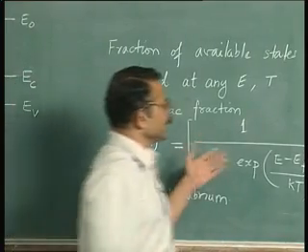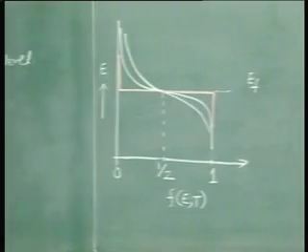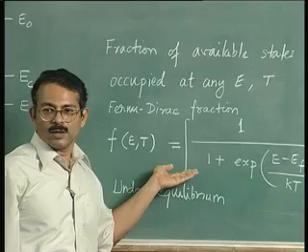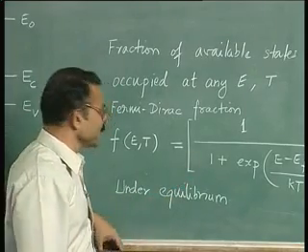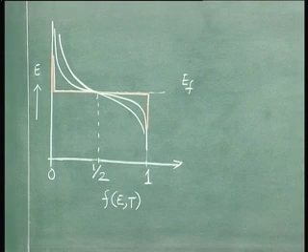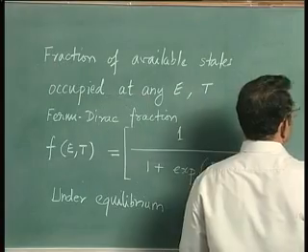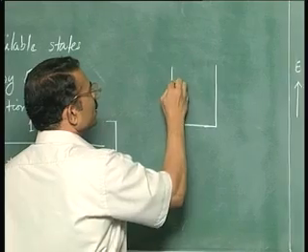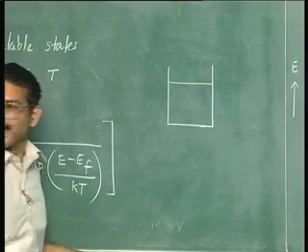So to understand the shape of this function, one can again consider an analogy. Again you have a water in beaker analogy for this. Let us say you have a beaker which is filled with water.